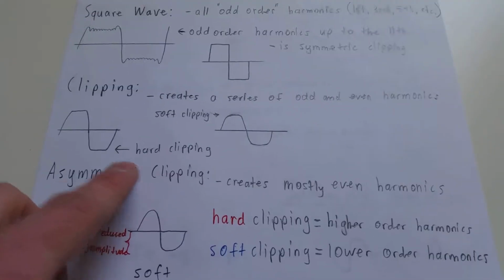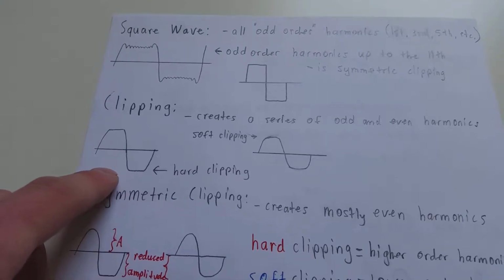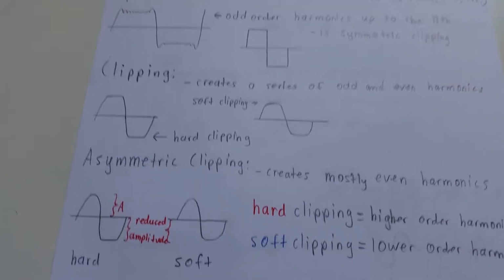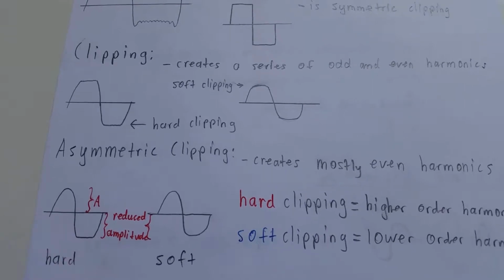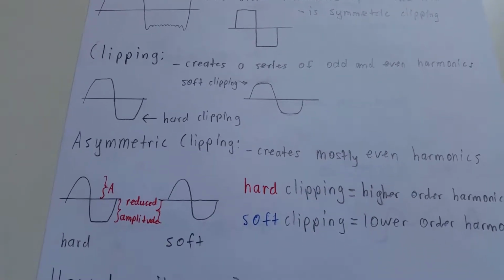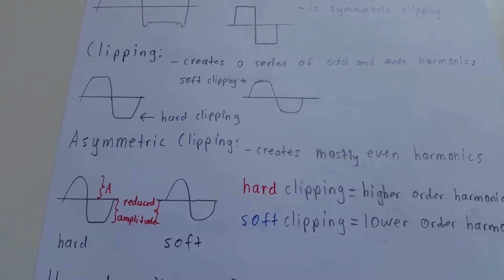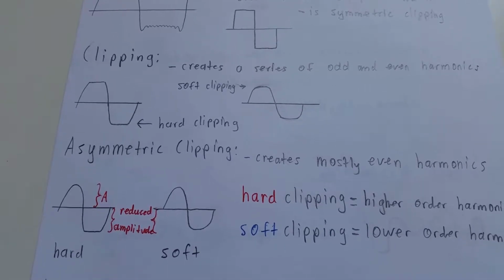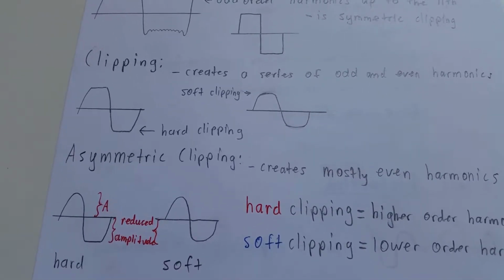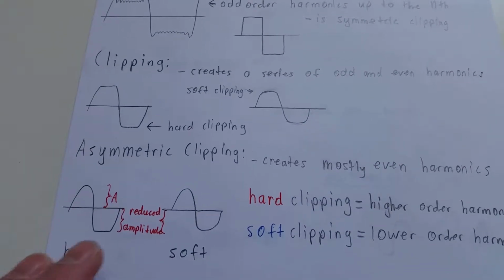Now, clipping is basically that. It takes part of the sine wave and cuts it off. And if you were to overdrive an amplifier, for instance, it would do this because you run out of headroom, or for whatever reason it distorts the sine wave by clipping it. And in that process of clipping, it generates these harmonics.